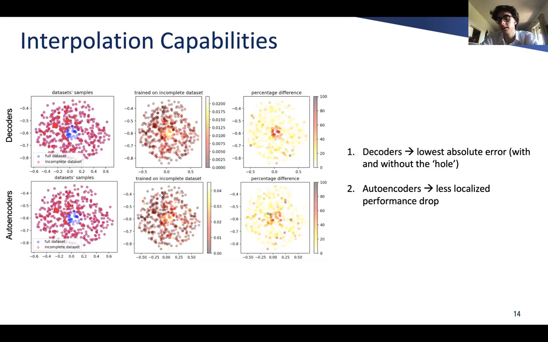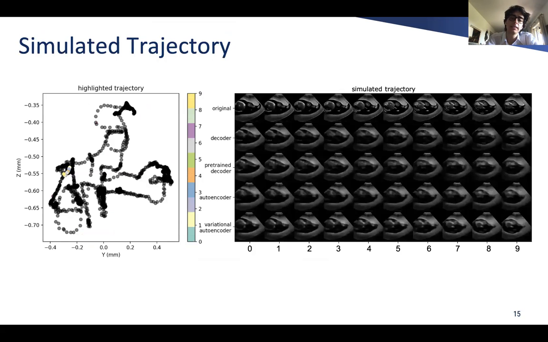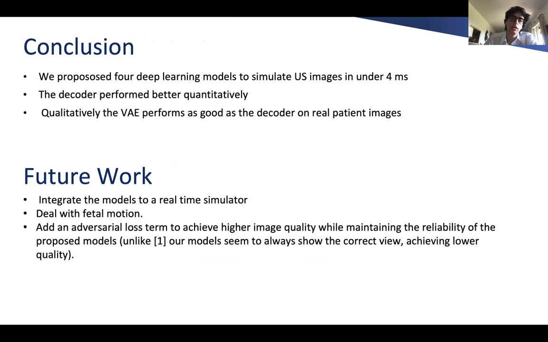to assert this claim. Moving on to the simulated trajectory, we can see an arbitrary example where the variational autoencoder is found to perform better than the corresponding decoders, as it achieves a less blurry interpolation, which resembles the original trajectory the most. To conclude, we proposed 4 deep learning models, all able to simulate ultrasound images under 4 milliseconds.